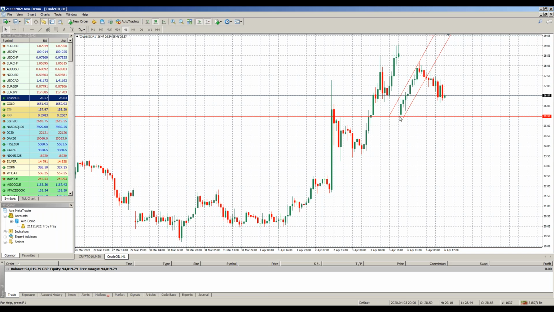It gapped down, it filled a large percentage of the gap, and now after filling the gap almost completely, it's worked its way almost back down to the opening price. Okay, so right now it's ranging between Friday's close and today's open.